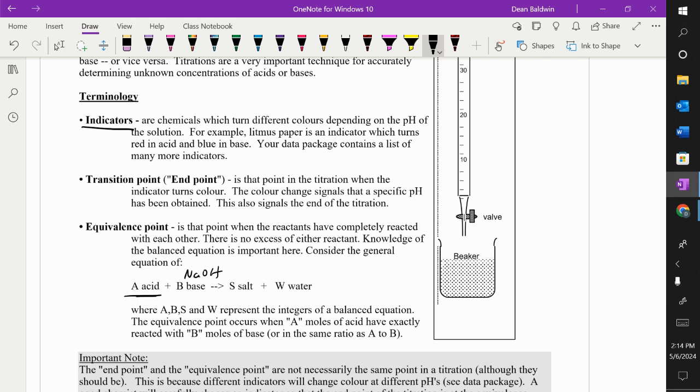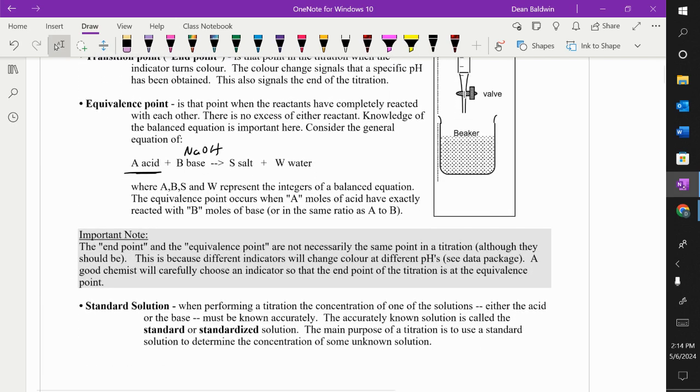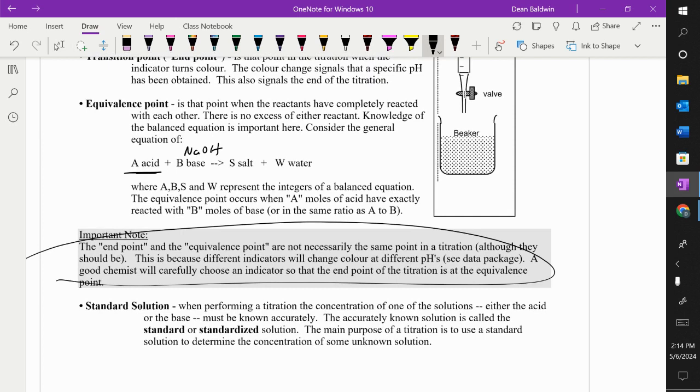That's what we're trying to get to. And ideally, you want your equivalence point and your transition point or end point to be the same. But it doesn't always work out that way. But you can get close. And that's what this bit says, is just talking about how you want them to be the same, but it can't always get there.